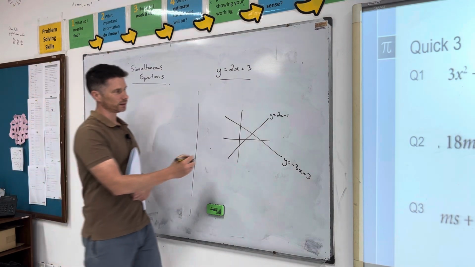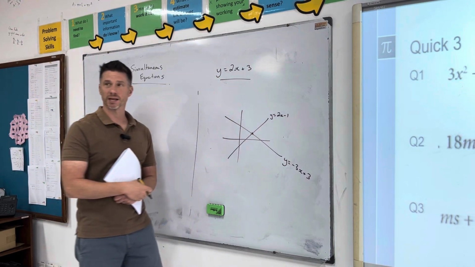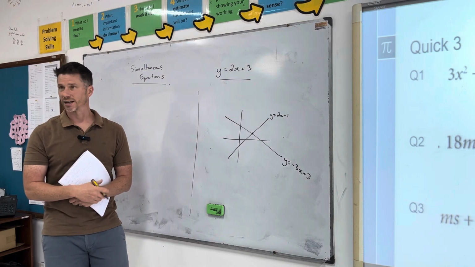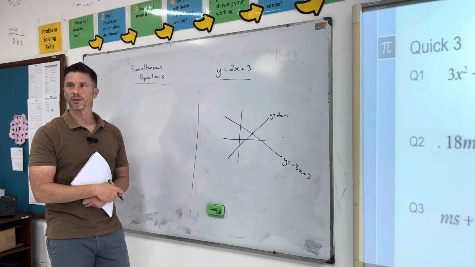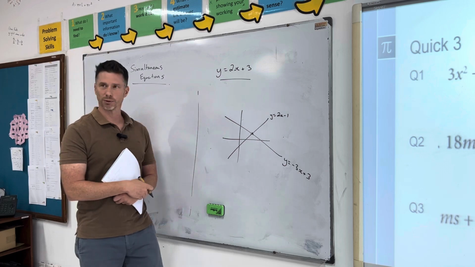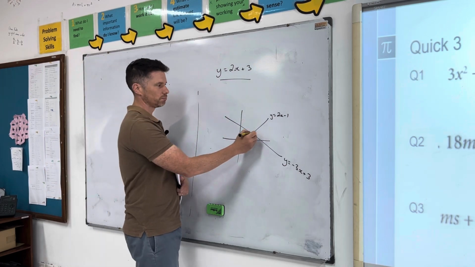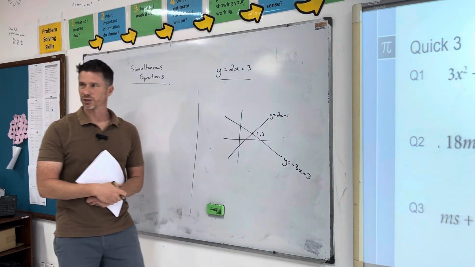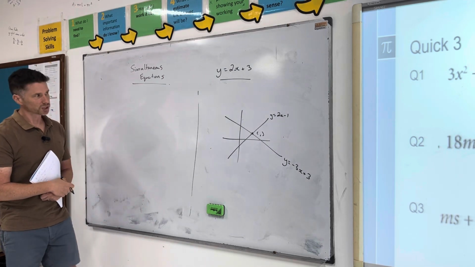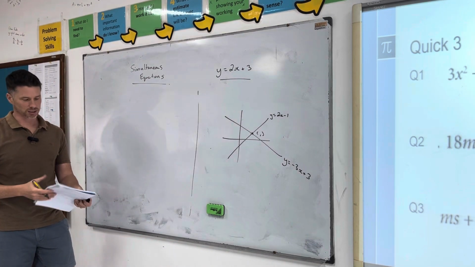That's the only place where they'll ever share a point. And that's why there's only one solution there. You get an x value and a y value, and that's a point that can fit in here. That's the only place they cross. Okay, so that's what we're trying to find when we solve simultaneous equations.